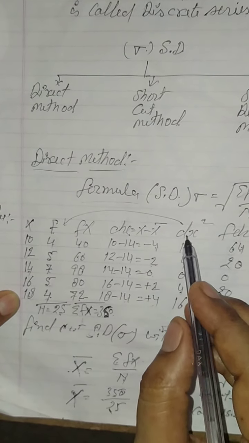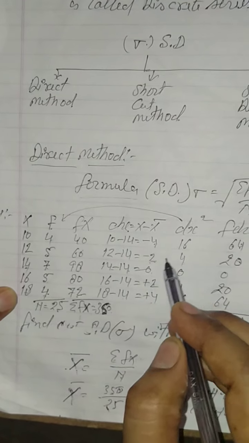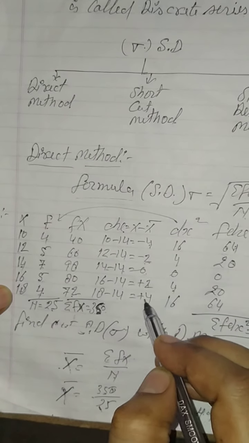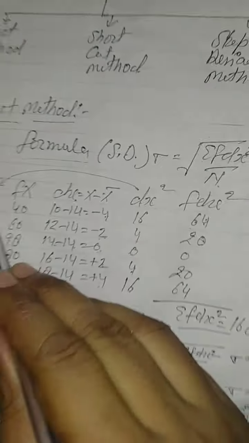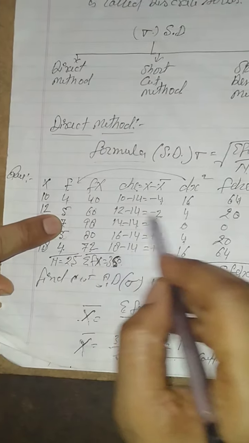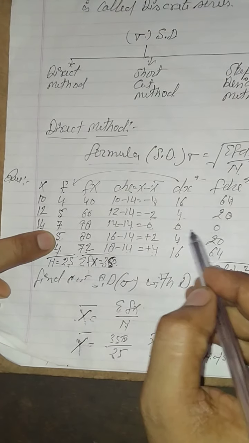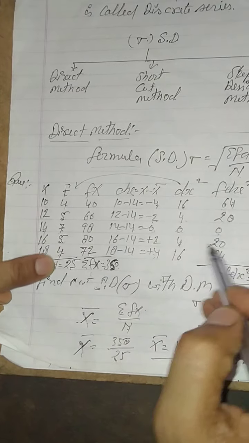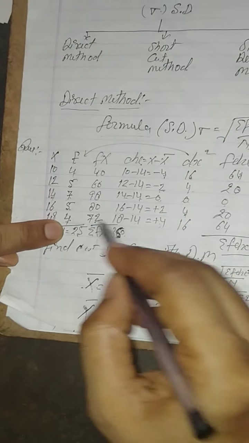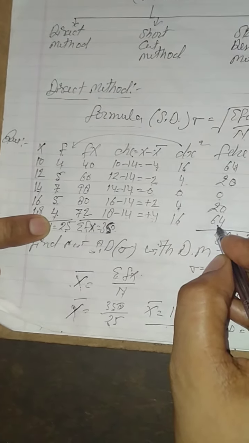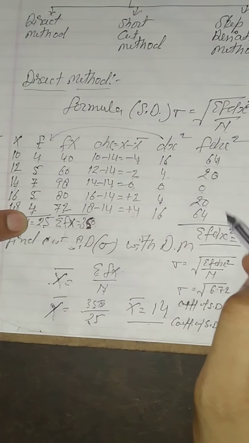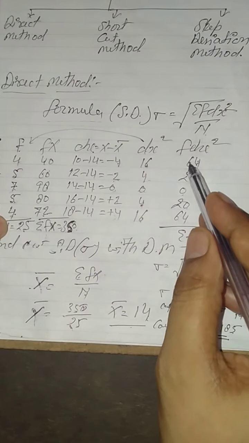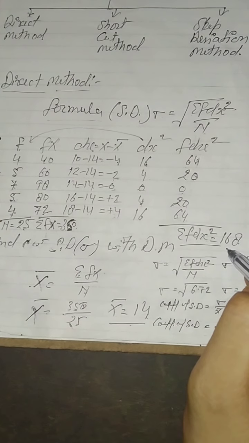After that, find dx square: 16, 4, 0, 4, 16.